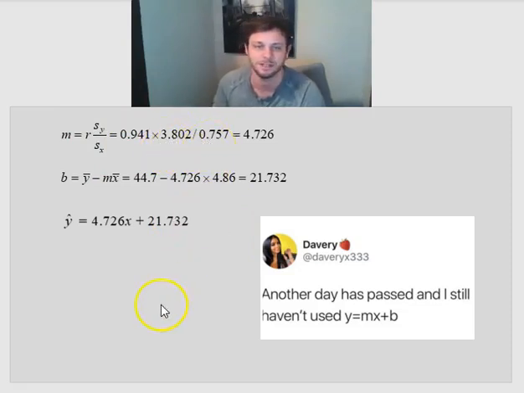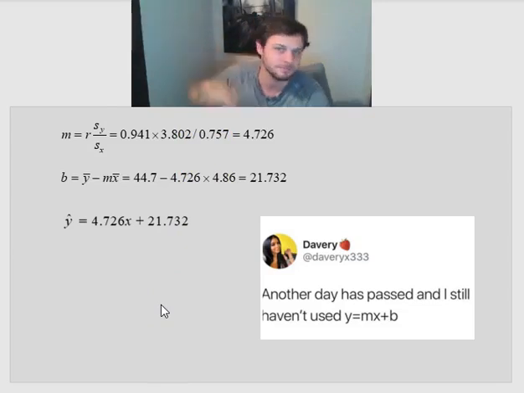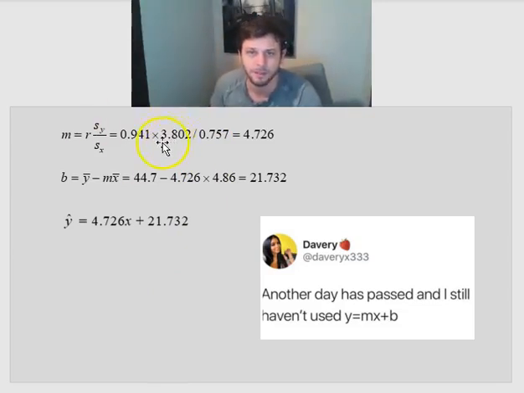And so we're saying for every 3.8 up, we're going to move over 0.757. Multiply that by our r, and now we have our slope of 4.726. The b, or the y-intercept, is going to be your y-mean. In this case, it was 44.7.